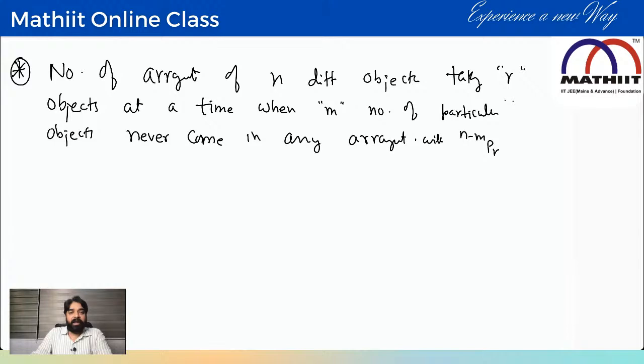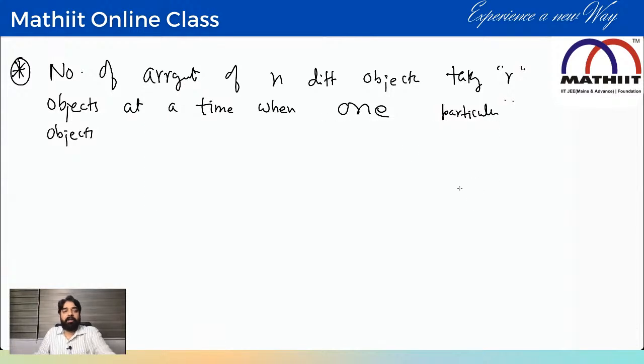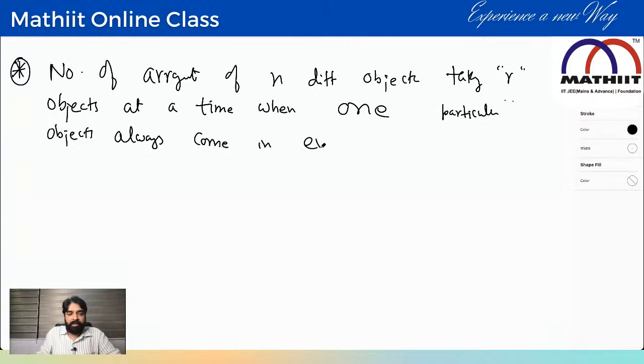Number of arrangements of n different objects taking r objects at a time when one particular object always comes in every arrangement.